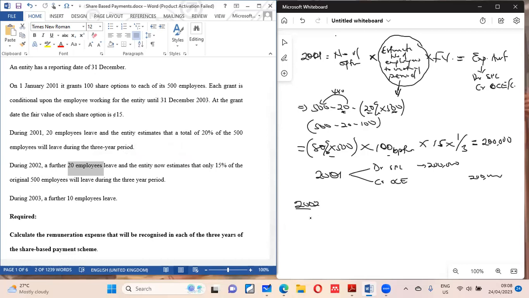So how many number of employees? 60? So it means 60 times 500. Let me say this one is wrong. You said what? 60 multiplied by the 500. But no. Like this.